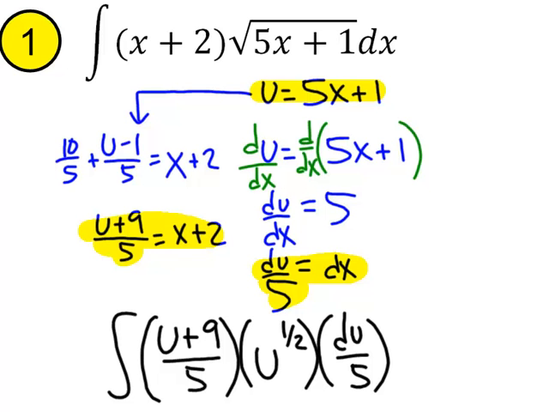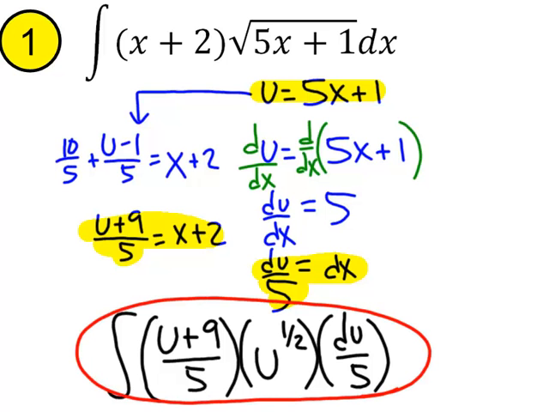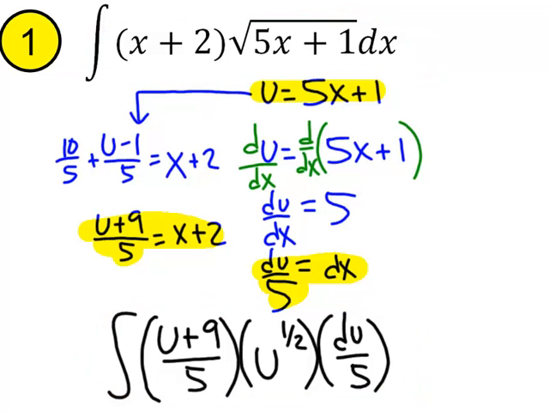So we've now completely u-substituted, and at first glance, this new integral may not look any more user-friendly than this old one, but it actually is. Because notice that now we can distribute the radical, the u to the 1/2, whereas, as we discussed earlier, this root 5x plus 1 could not be distributed.